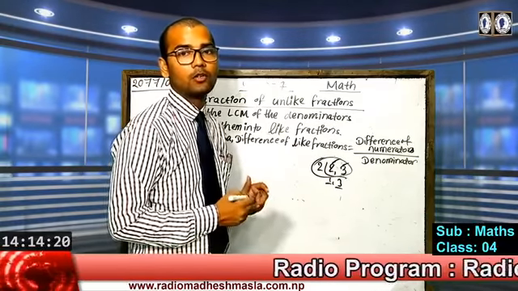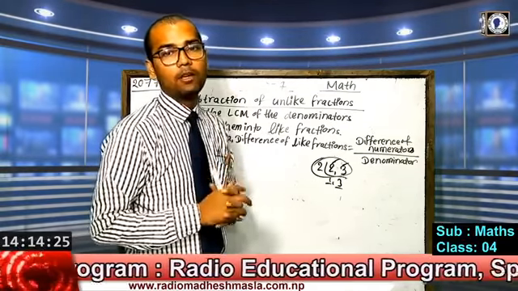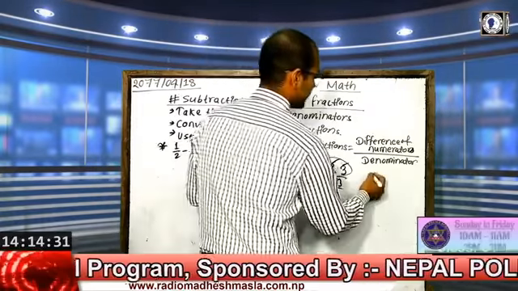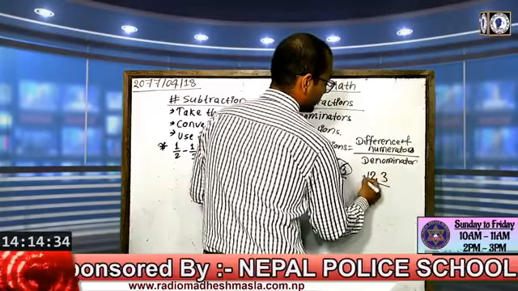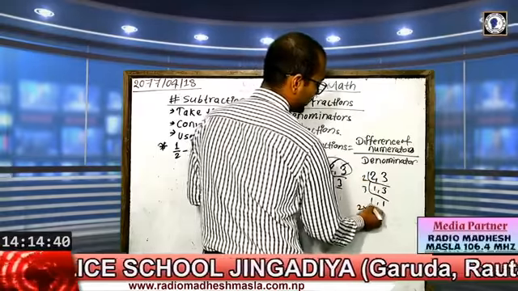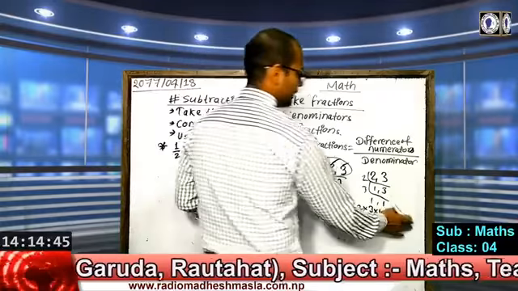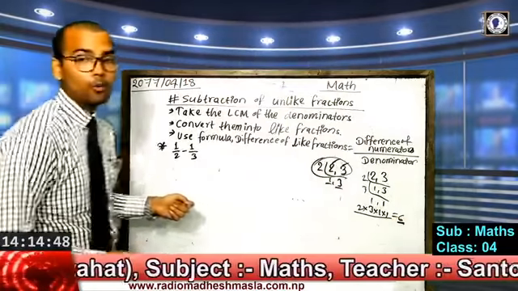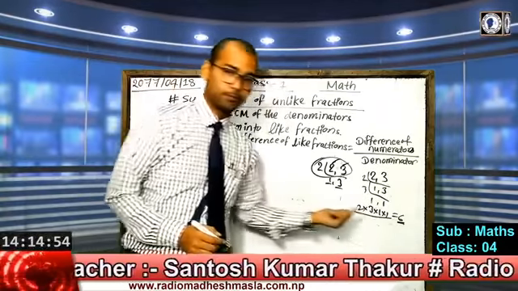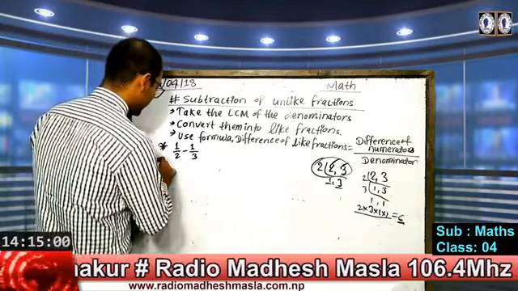If the given numbers are prime numbers, we can multiply them with each other to get the LCM. Here 2 ones are 2, 3 ones are 3, so 2 into 3 into 1 into 1, we got 6. So what is our LCM? 6. Then we need to make the denominators equal to our LCM 6. So here students, don't be confused. Solution.